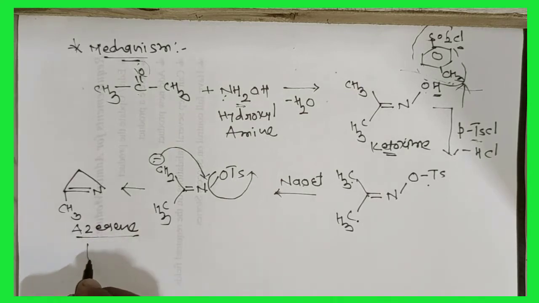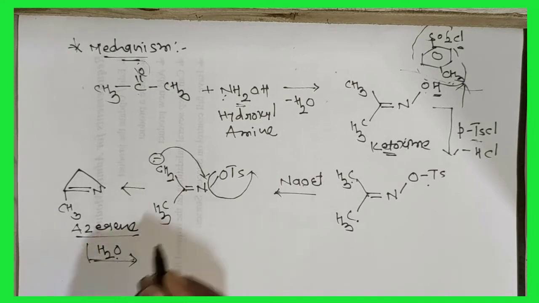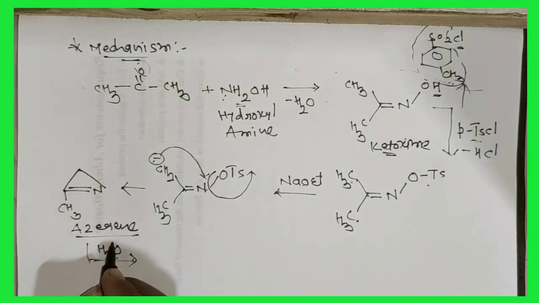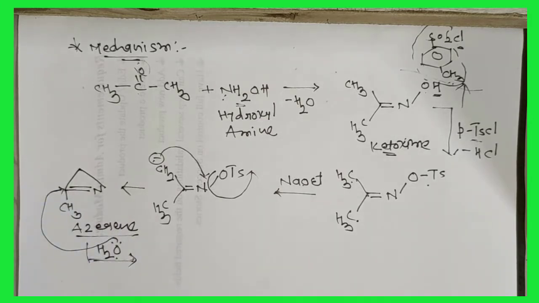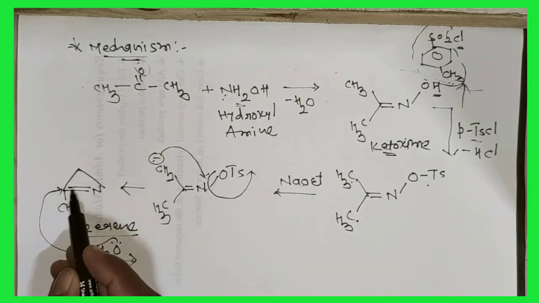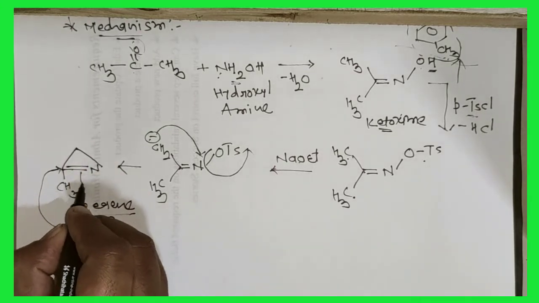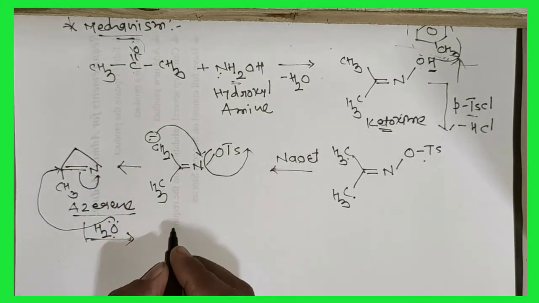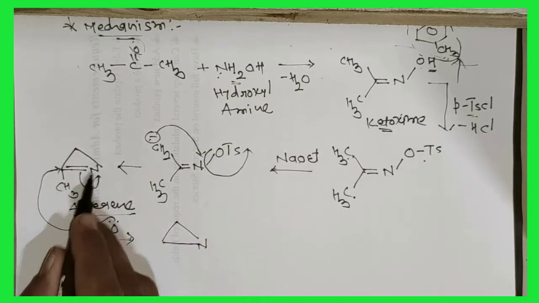Now addition of a water molecule. Where did it come from? From here. So now the lone pair of oxygen attacks this carbon, and out of these 2 bonds, 1 bond transfers to nitrogen. So here nitrogen as it is, 1 bond transfers to nitrogen.